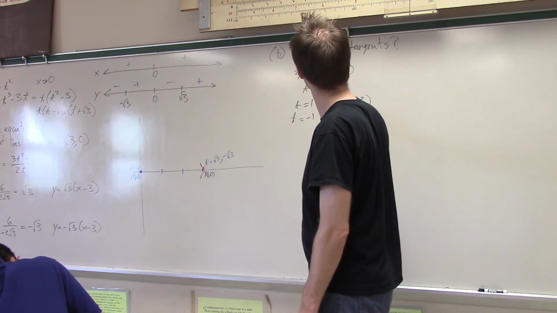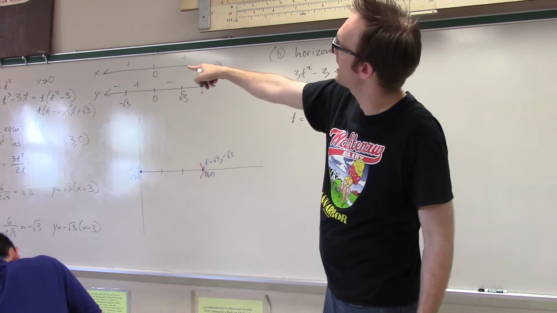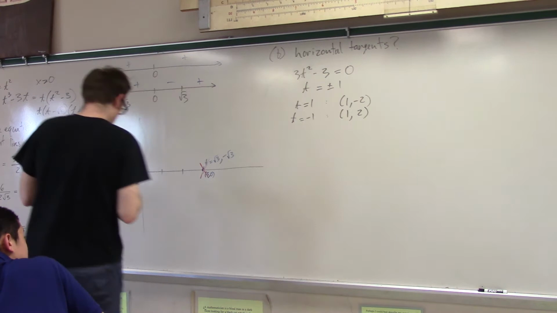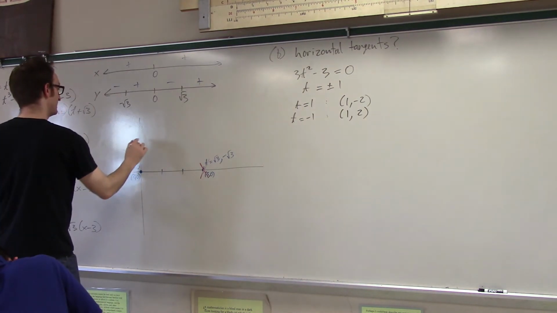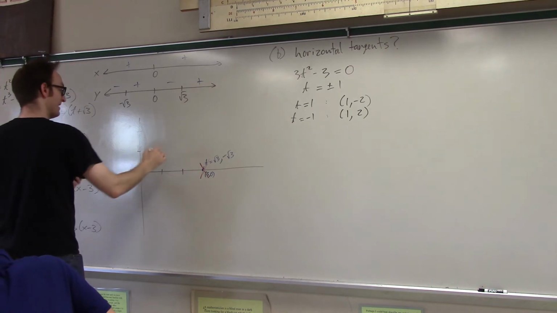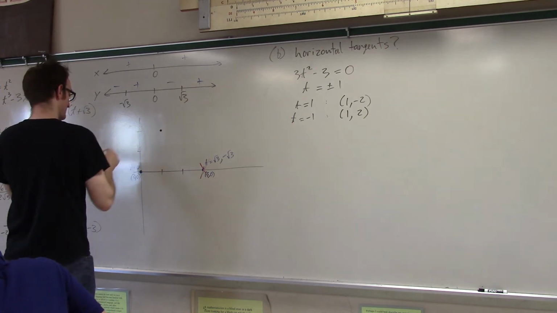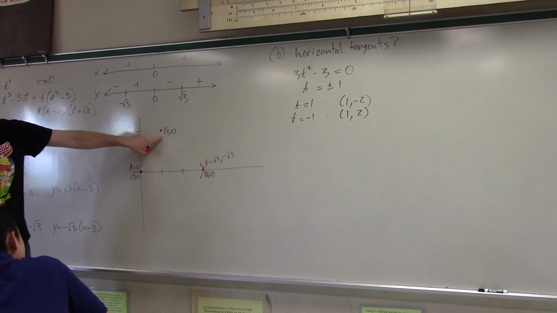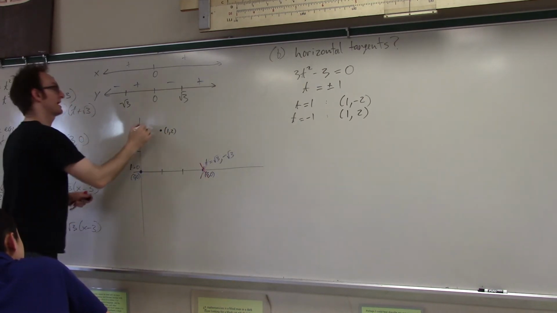It's going to be 1 comma 2. If I plug negative 1 into that formula, I get 2. So up here I'm going to have this point, (1, 2). And when am I going to be at (1, 2)? At t equals negative 1.